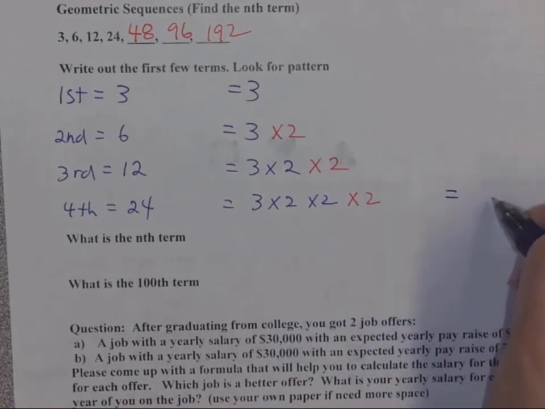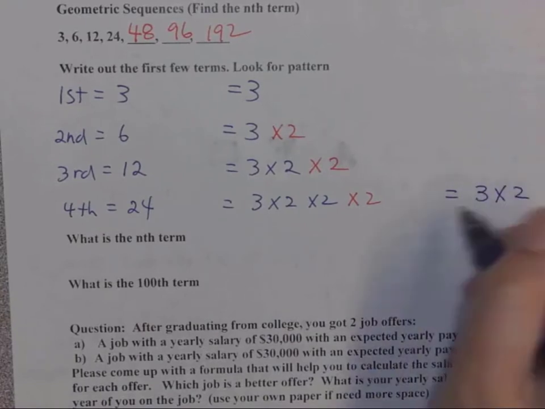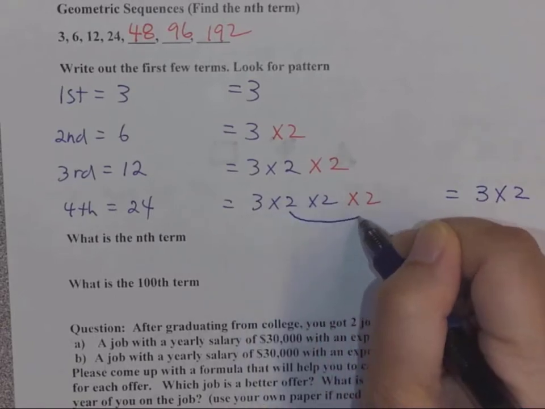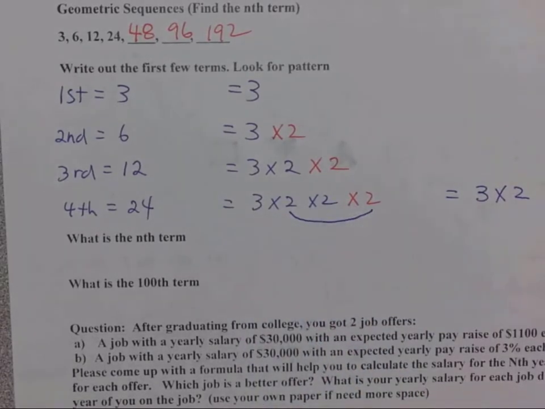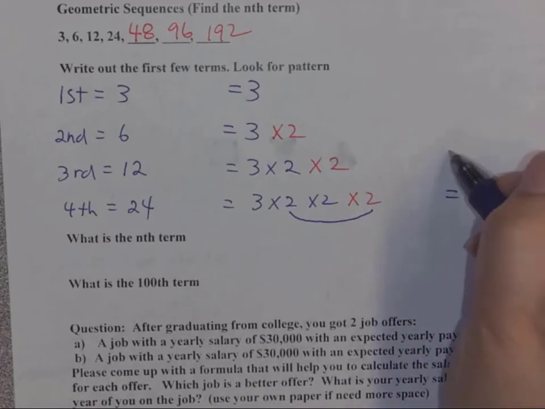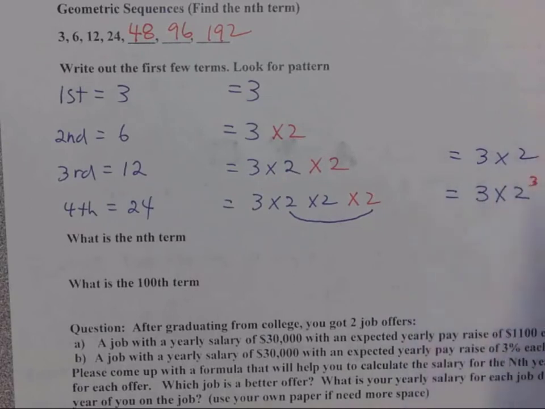So to clean that up, this time, all of these started from 3 times 2, right? But how do you write 2 times 2 times 2? This is 2 to the third power. And the one before that would be 3 times 2 to the second.